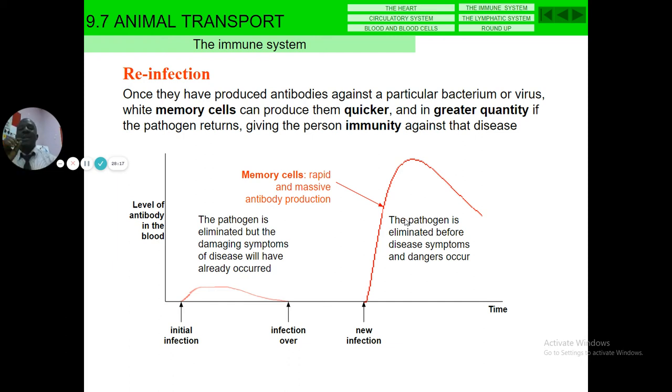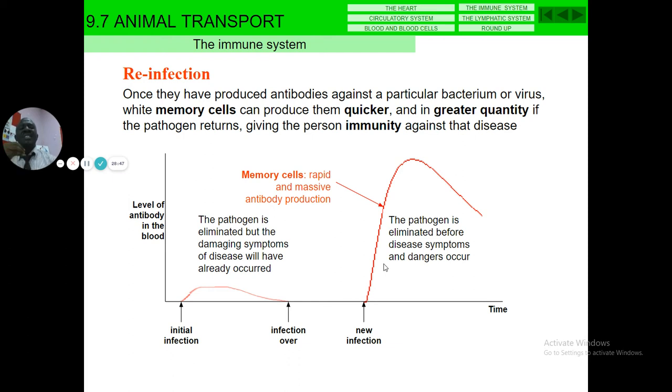For example, the first time you are vaccinated, you are being given that particular disease in your body, and its role is to help your body learn the structure of the pathogen that may come, and then what happens next? You produce memory cells that, when the real one comes, for example COVID, the body has already produced memory cells and they are rapid and massive.